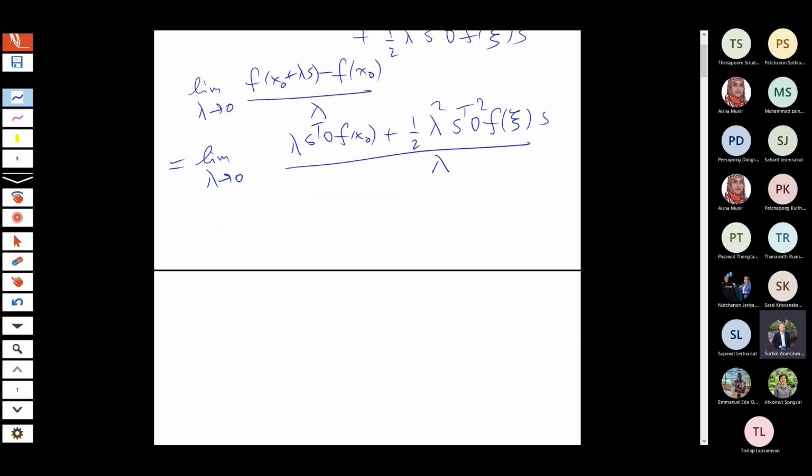You see, we have one lambda here, this is lambda squared, and this is lambda in the denominator, right?